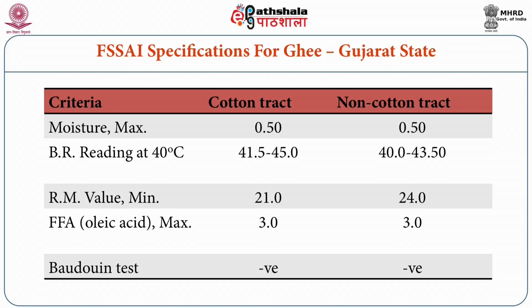The last test is the Baudouin test, which should be the same for all India, not only for cotton or non-cotton or any state of India. It should show negative, and negative means the ghee you are testing has not been adulterated with hydrogenated vegetable fat, which commonly we refer to as vanaspati or dalda.